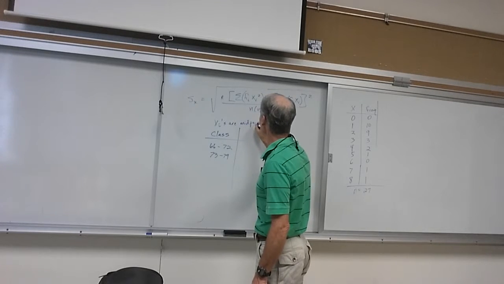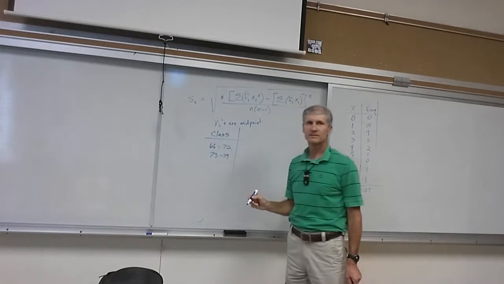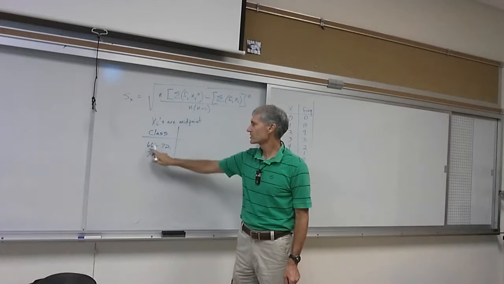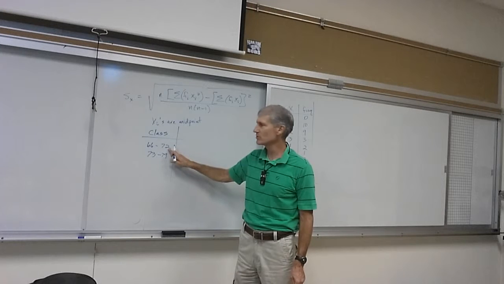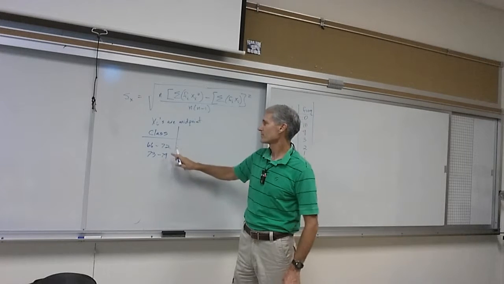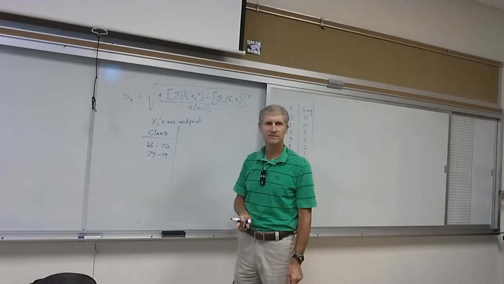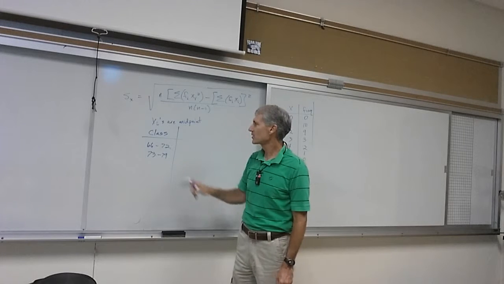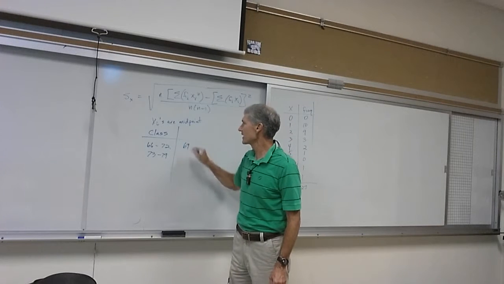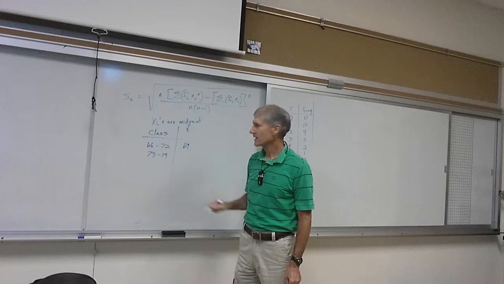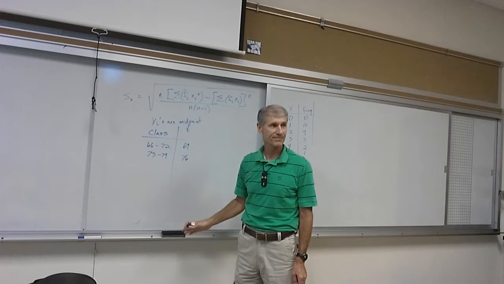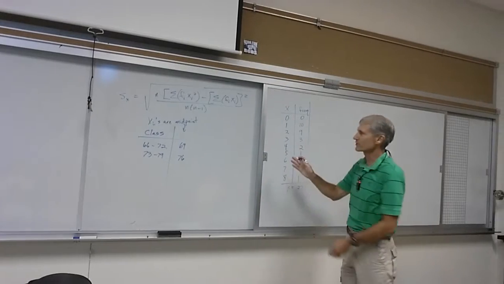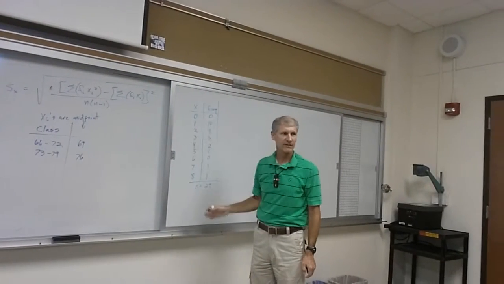And how do you find the midpoint of a class? You just average the lower and the upper. So the average of 66 and 72 is, what, 69? Right? So you'd use 69. And then the average of the next is 76. Got it? So it'd be just like this, but first you have to get a single number for the x's.